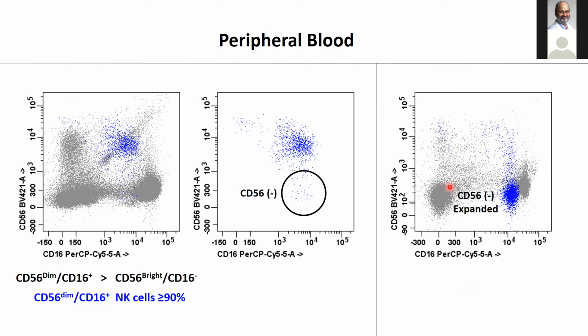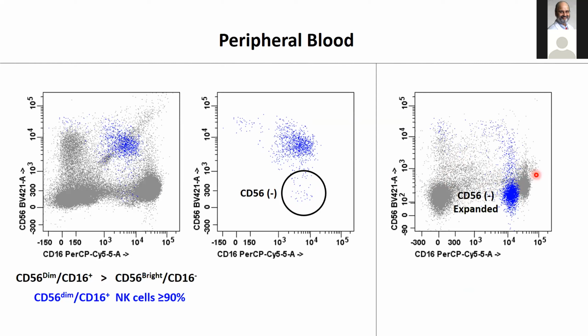So if I was looking at this plot in a peripheral blood and I'm assessing my NK cells and I saw a big glob of CD56 negative NK cells, I'm going to be concerned that I could potentially be dealing with some type of neoplasm. And so I'd pay a lot of attention to all of my NK cell markers.